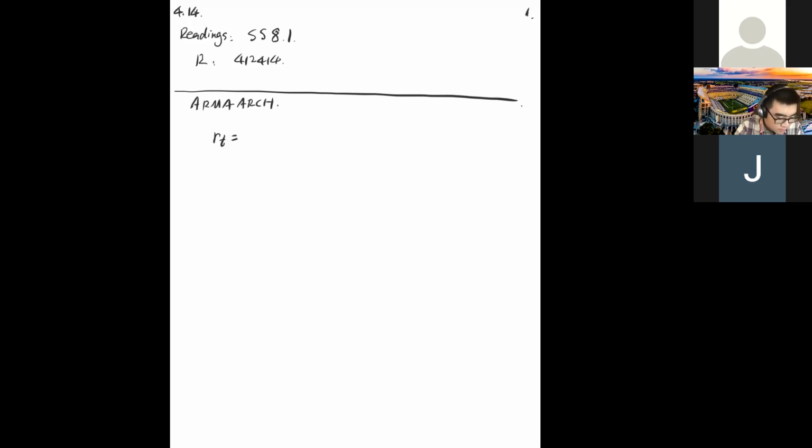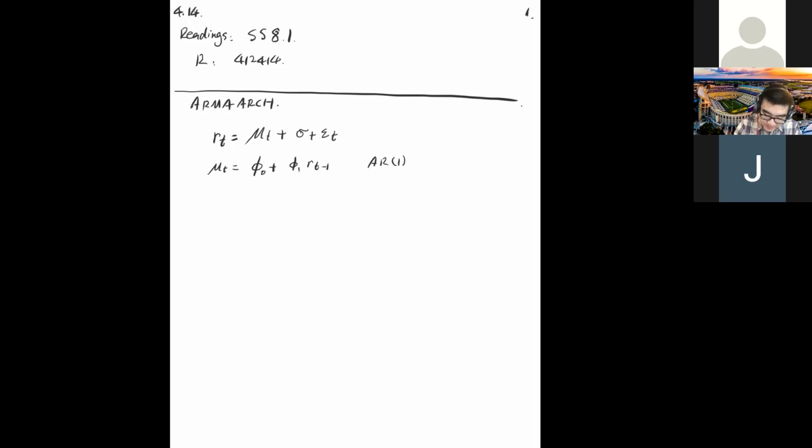The ARMA-ARCH model says your R_t, which is typically the return of an asset, is equal to mu_t plus sigma_t epsilon_t. This mu_t can follow some ARMA process. For example, it can follow phi_0 plus phi_1 R_{t-1}, which is an AR(1) process.